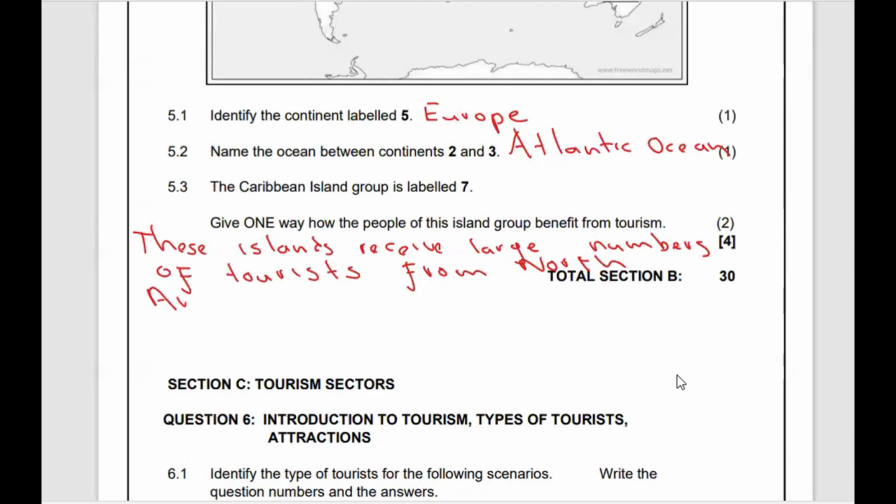Who visit to enjoy the warm Caribbean climate.